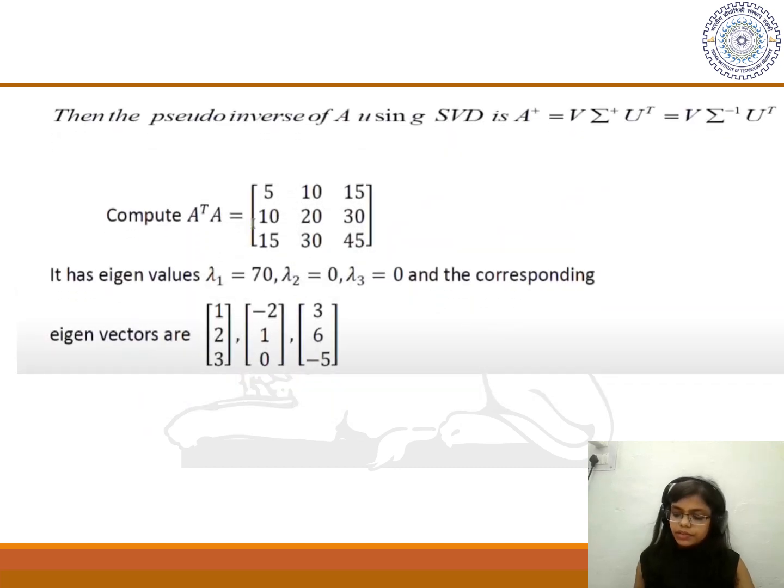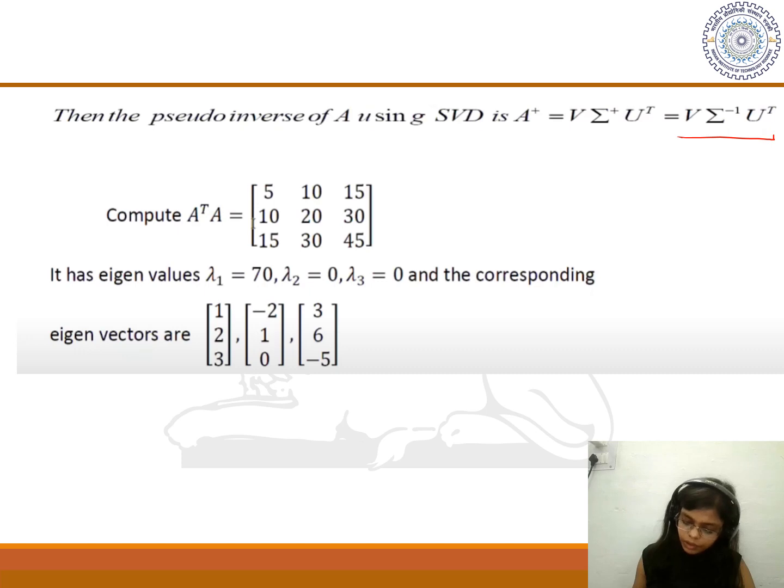To calculate the pseudo inverse of A using SVD, we first need to calculate the matrix V sigma inverse U transpose. For that, first we need to calculate V, U, sigma, and V transpose.